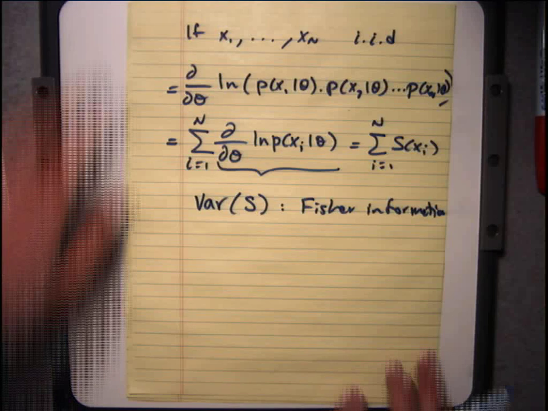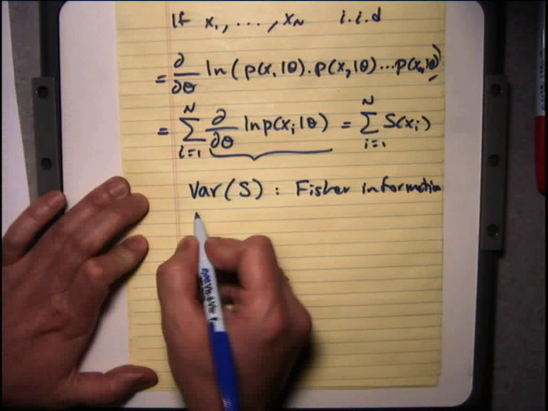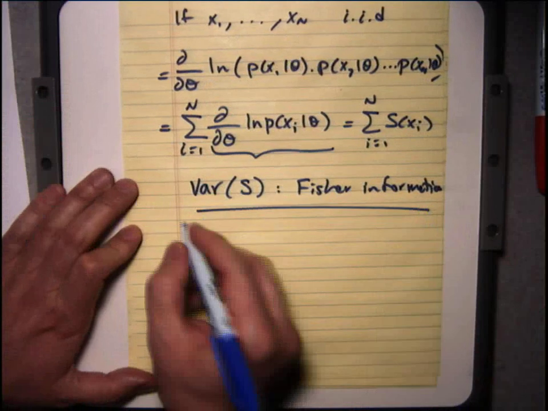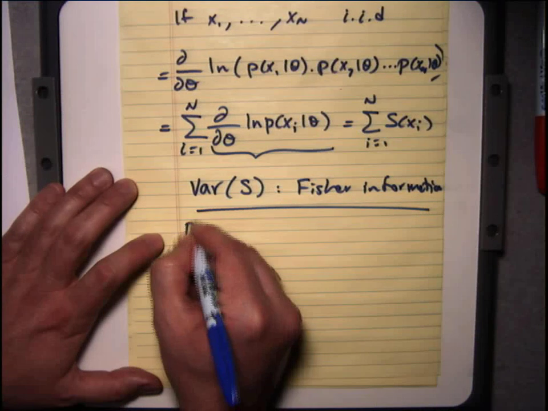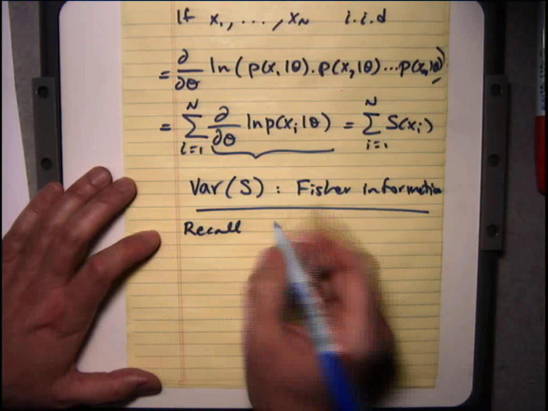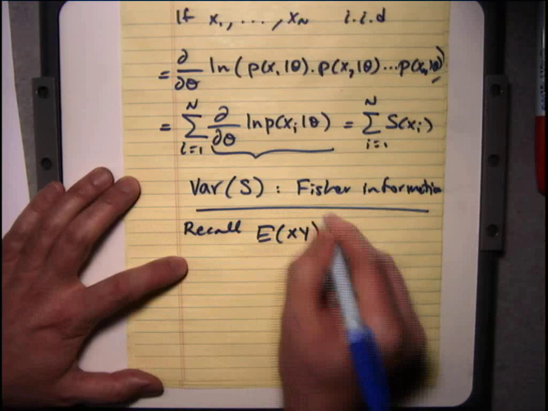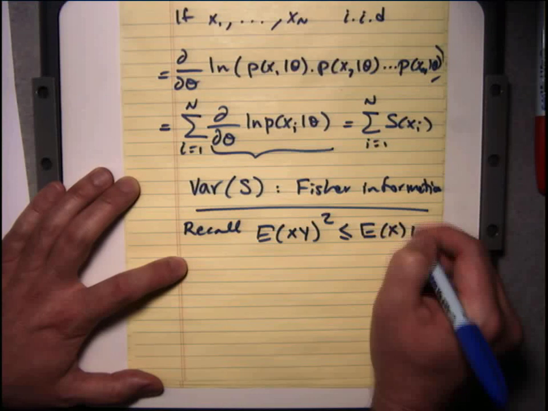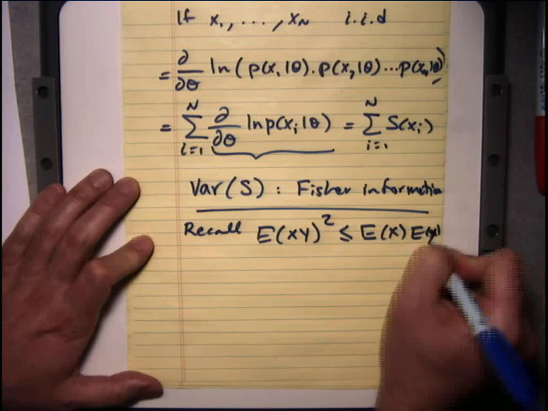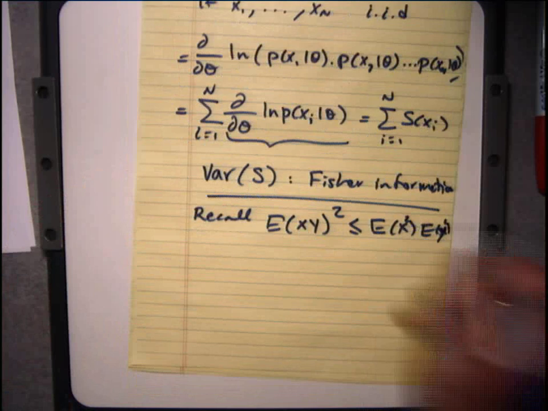All right, so with this preliminary thing in place, we can proceed with the proof. Before this, let me just recall, I hope you all know this, but if not, that's okay too. If you have two random variables x and y, the expected value of xy squared is less than or equal to the expected value of x squared times the expected value of y squared.